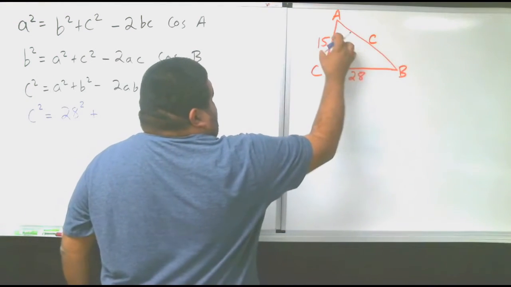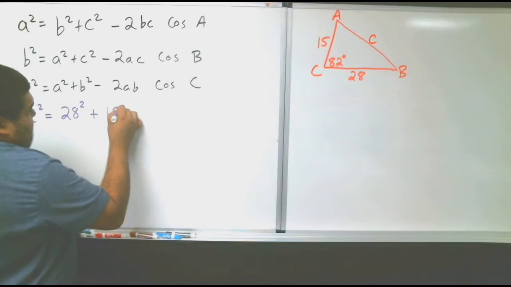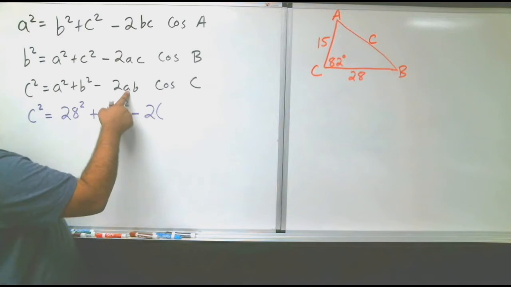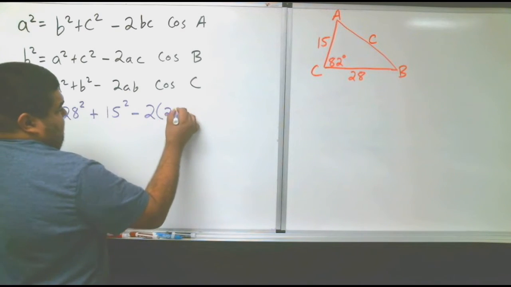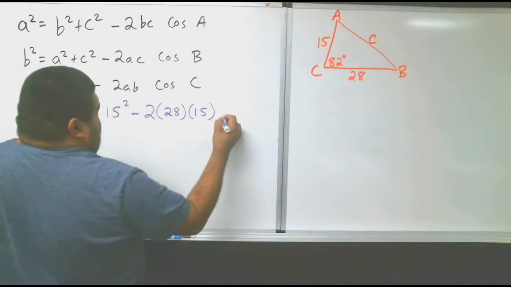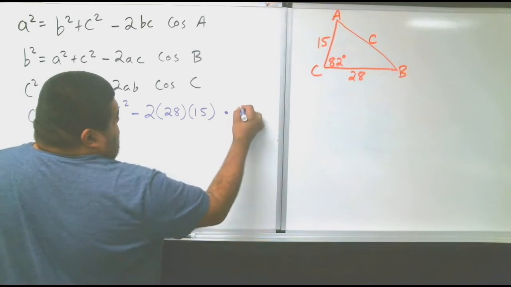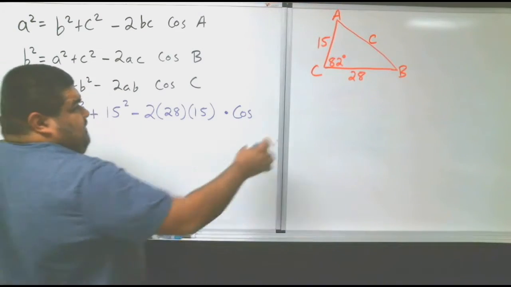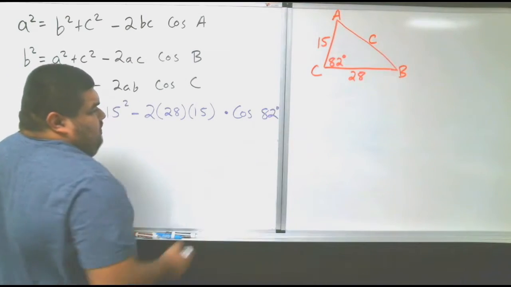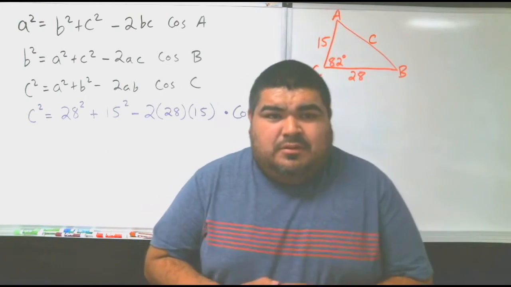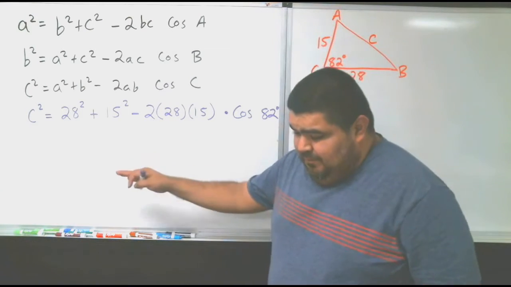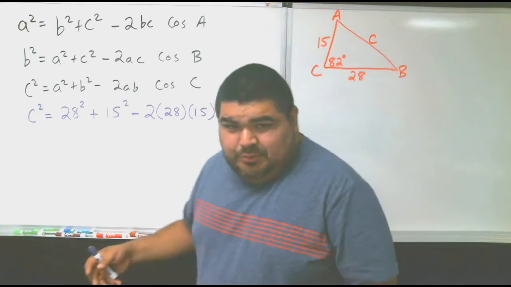We have capital B, so we have lowercase b, which is 15, squared, minus 2, parentheses, a, which is 28, b, which is 15, times cosine of C, which in this case is 82 degrees. You can type it into the calculator exactly like this, or you can do it in pieces. It's up to you.